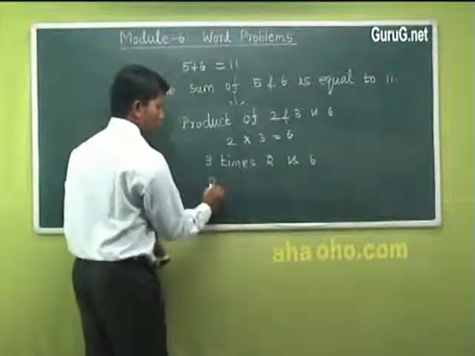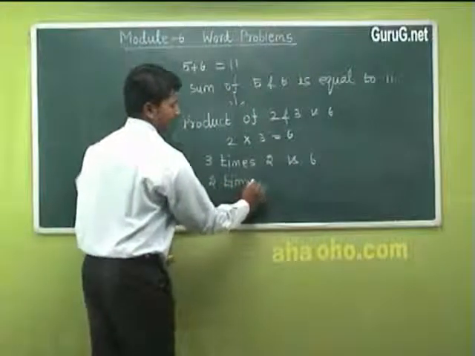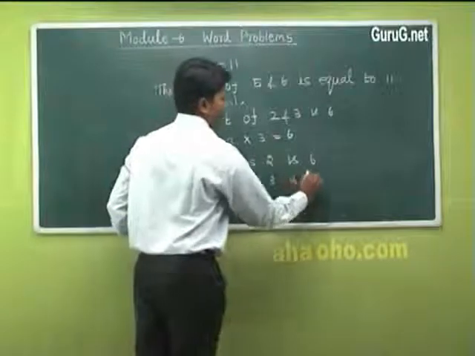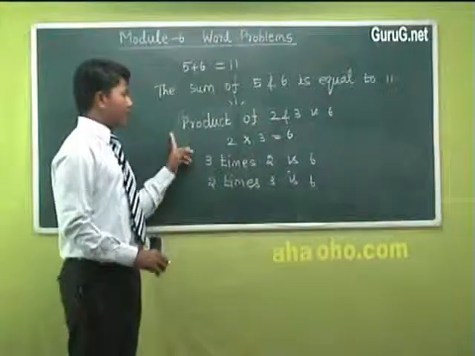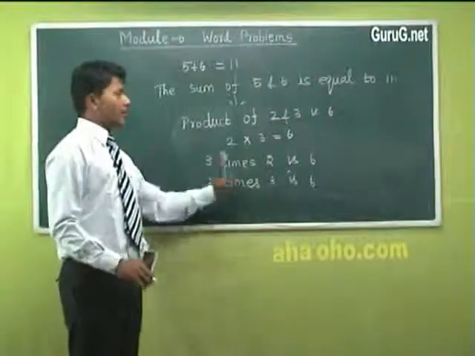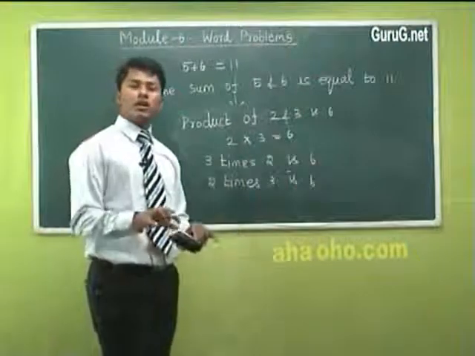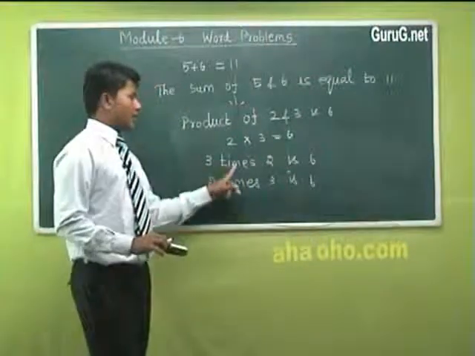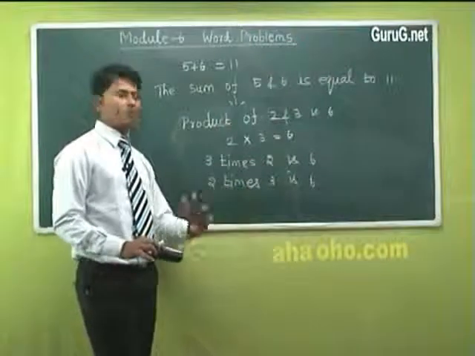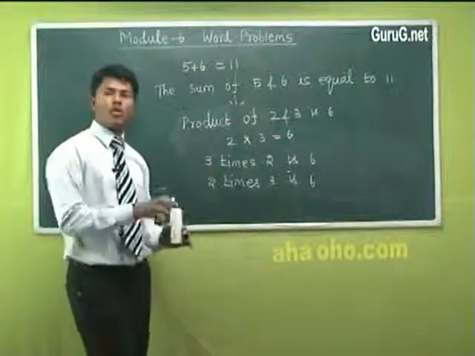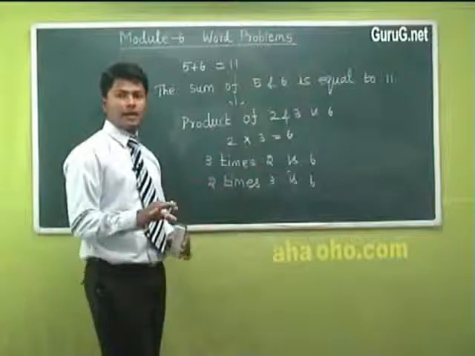Or I can say 2 times 3 is 6. So the words like product and times all represent the operation called multiplication. So 3 times 2 or 2 times 3 or the product of so and so, all represent multiplication.